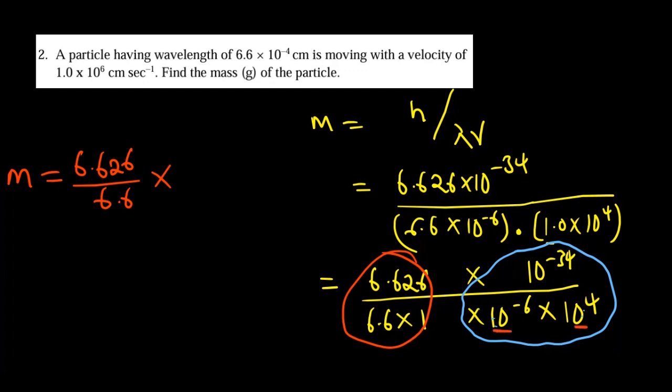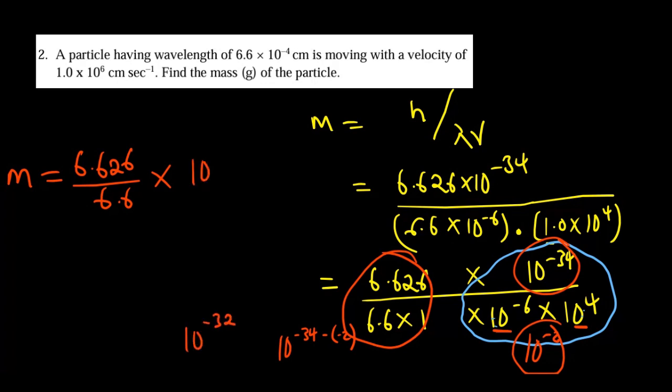Minus 6 plus 4, it will be 10 to the power minus 2. Then we have this and 10 to the power minus 2. Since they are dividing, we can subtract their powers, so 10 to the power minus 34 minus 2, that would be 10 to the power minus 32. So that's what I'll put here.